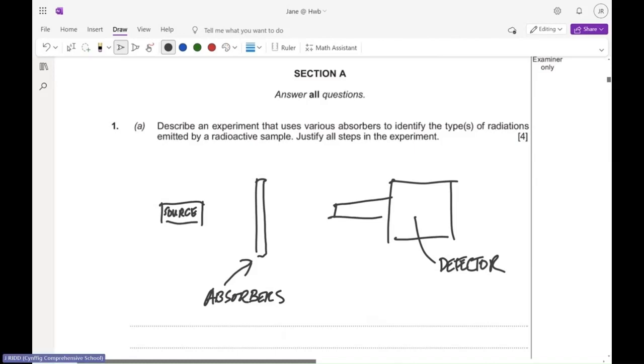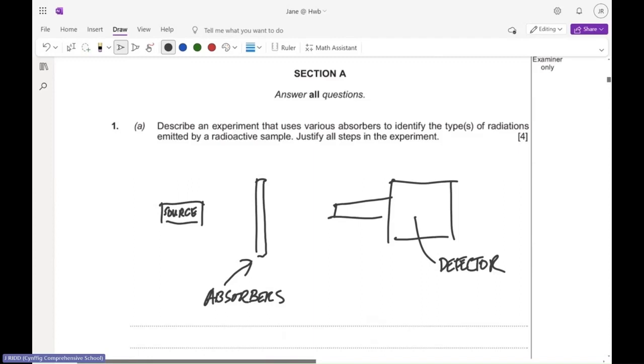Now, if we have an unknown source, we have to consider the penetrative properties of alpha, beta, and gamma radiation as a means to figuring out what we've got. But before we do any of that, we have got to make sure we take note of the background radiation count, the ambient radiation that's present in whatever room or setting that we're in.